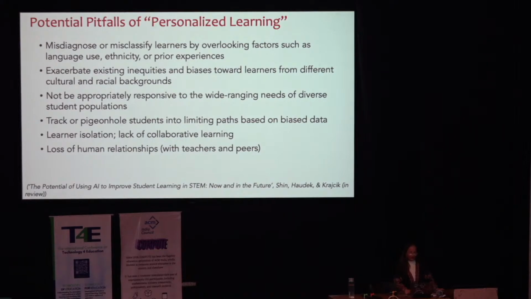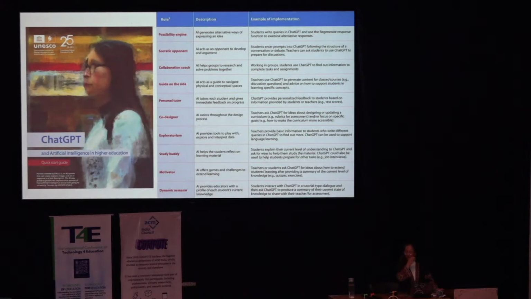In addition to this personal tutor role that I've talked about, this guide from UNESCO actually talks about many roles that generative AI could play. The possibility engine, the Socratic opponent, the collaboration coach, the guide on the side, co-designer, exploratorium, study buddy, motivator, dynamic assessor.